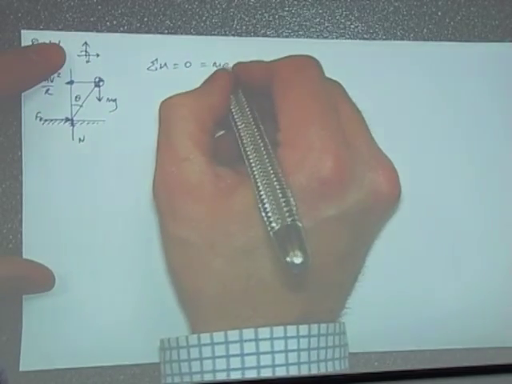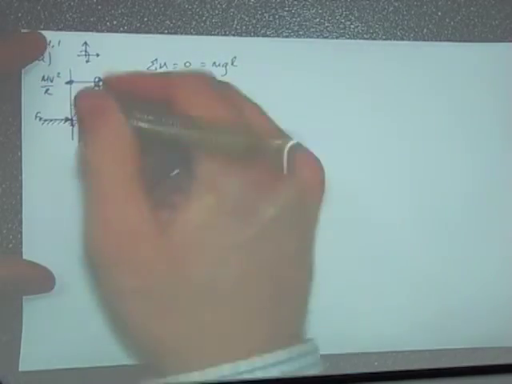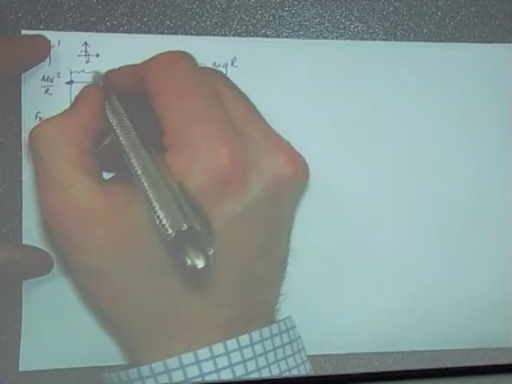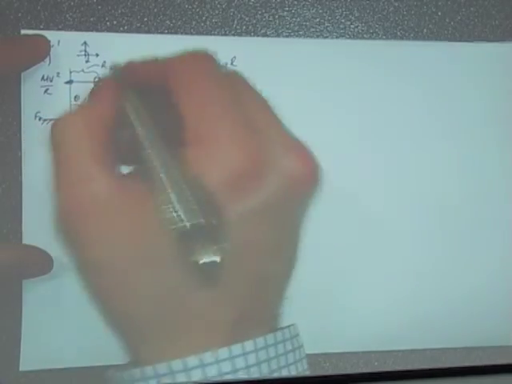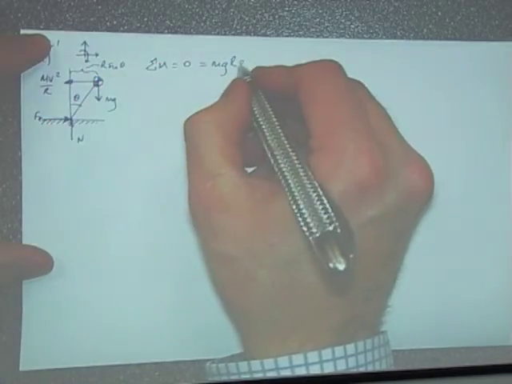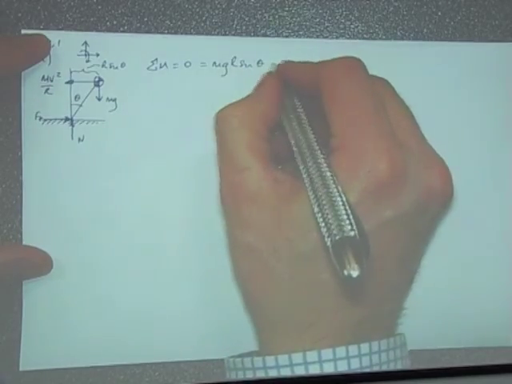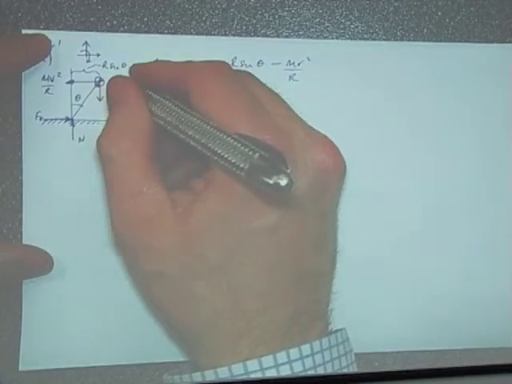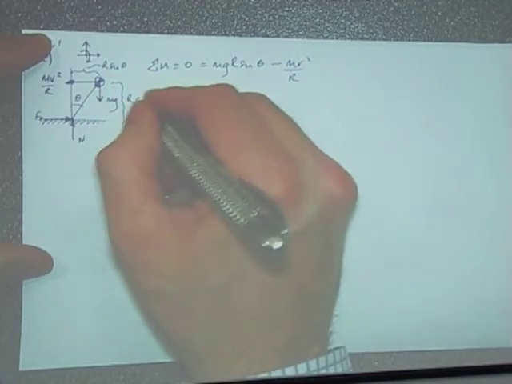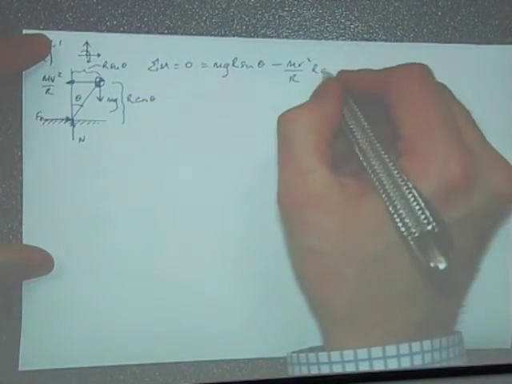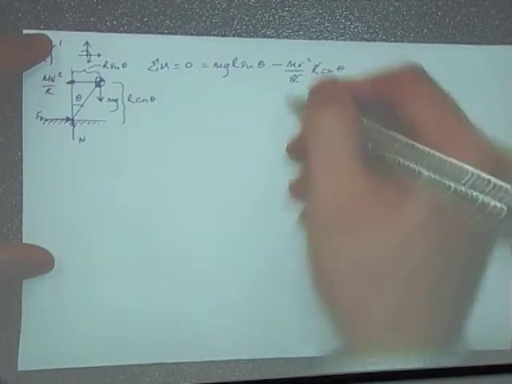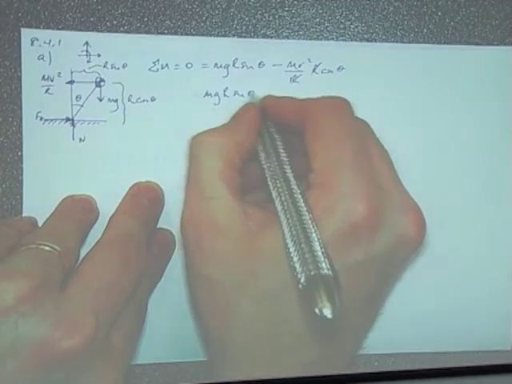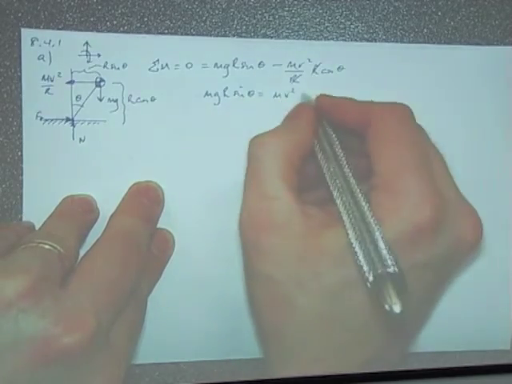Obviously this distance here is going to be r sine theta. Okay, they cancel, and so we can say that mg r sine theta equals m v squared cos theta.